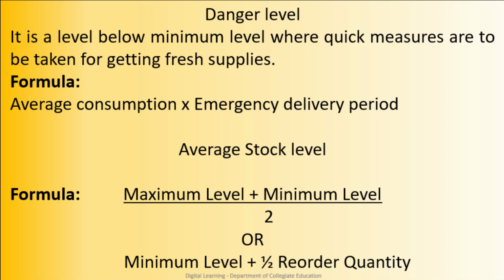Now, after studying the formulas to compute minimum and maximum stock levels, reorder level, danger level, and average stock level, let me solve a few simple problems relating to computation of stock levels.